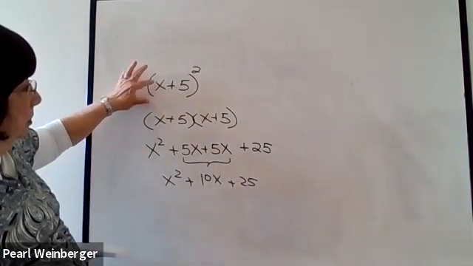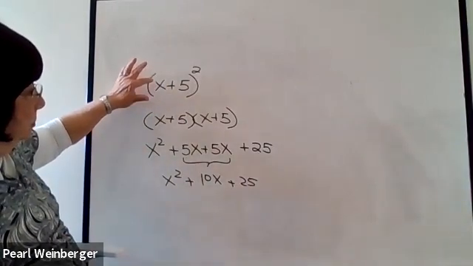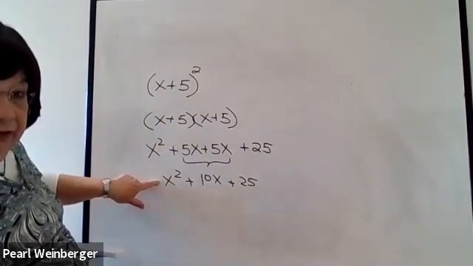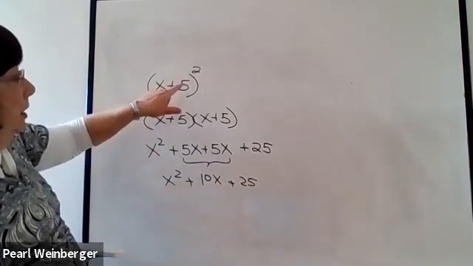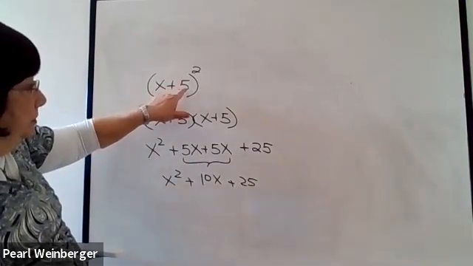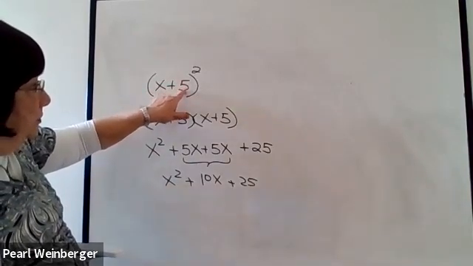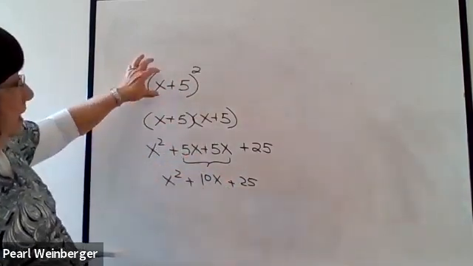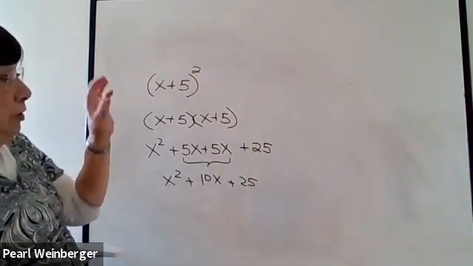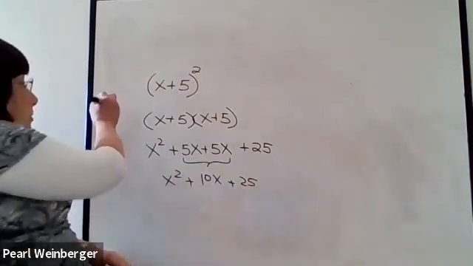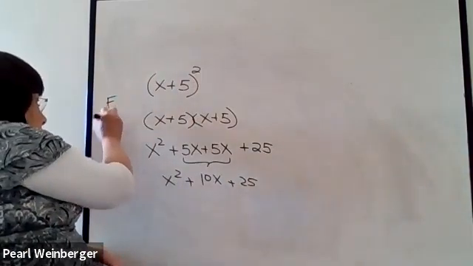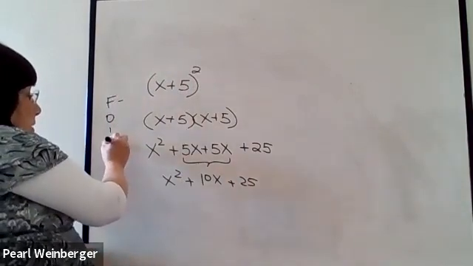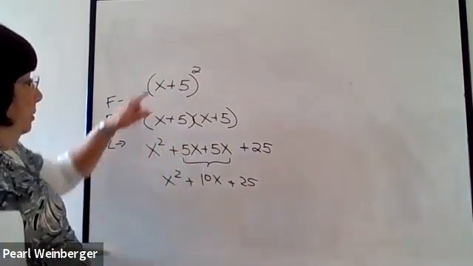First of all, in my answer, if this is an x, then the first term is going to be an x squared. And your last term, this is a 5, your last term is going to be 5 squared, which is 25. So that's easy, but remember we're going to have FOIL. The first is the first square. The last is the last square.